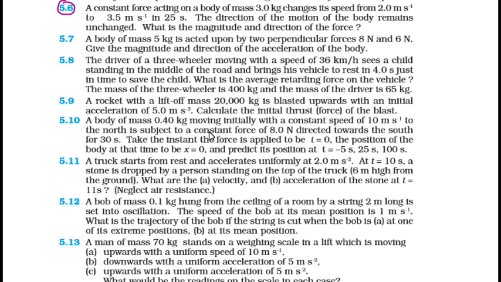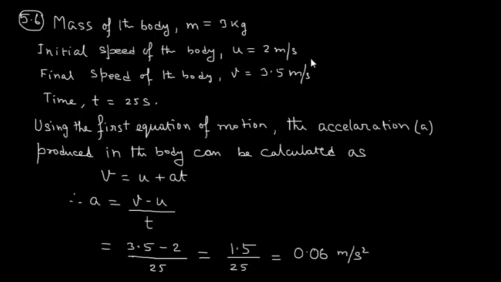The direction of the force of the body remains unchanged. What is the magnitude and direction of the force? The solution is, mass of the body is equal to 3 kg. Initial speed of the body is also given, that is u is 2 meter per second. The final speed of the body v is equal to 3.5 meter per second. Time t is equal to 25 seconds.